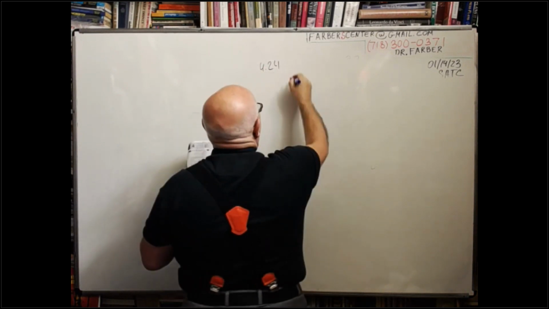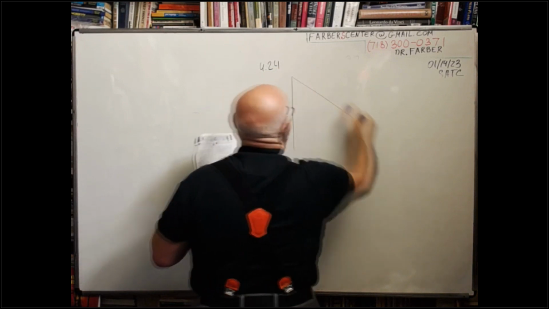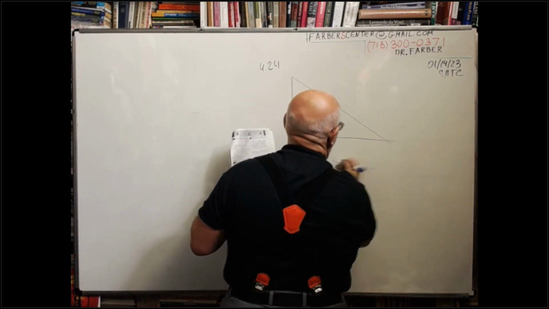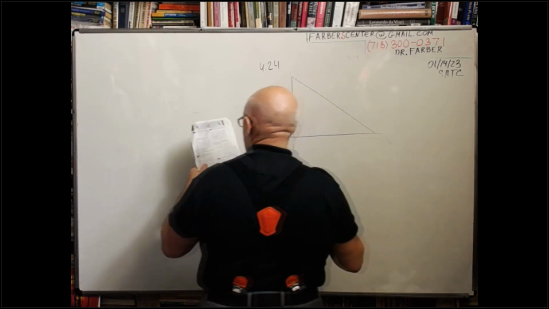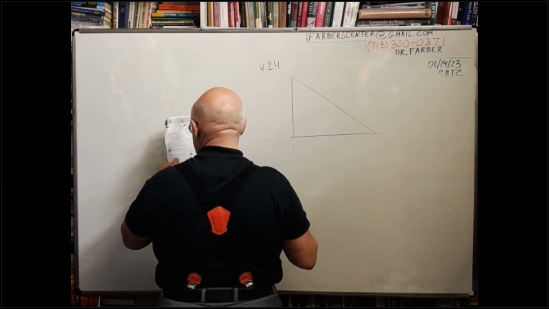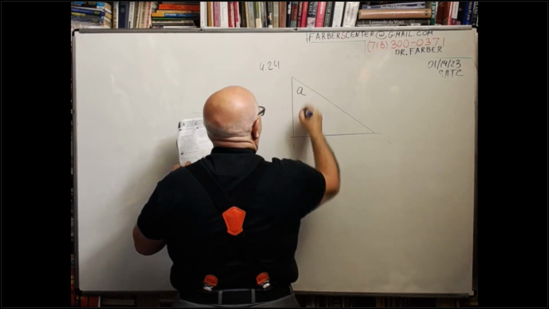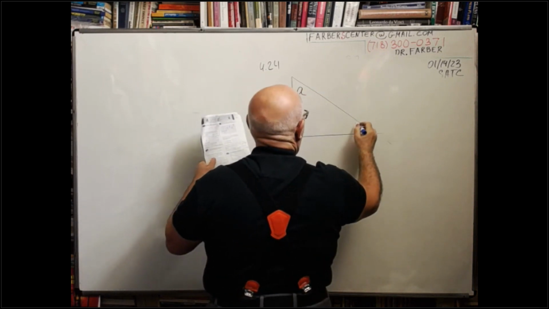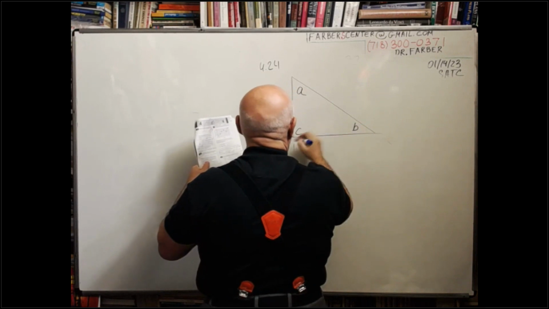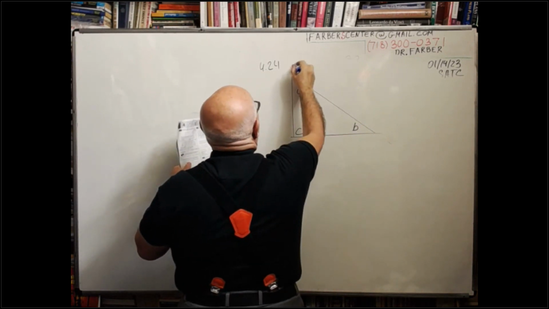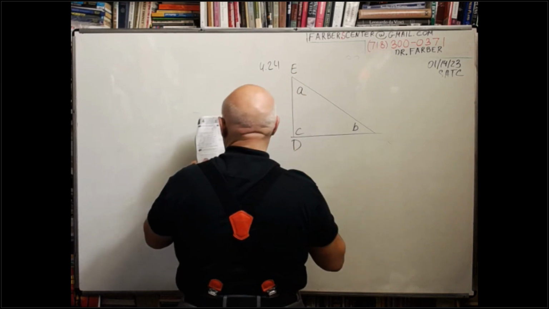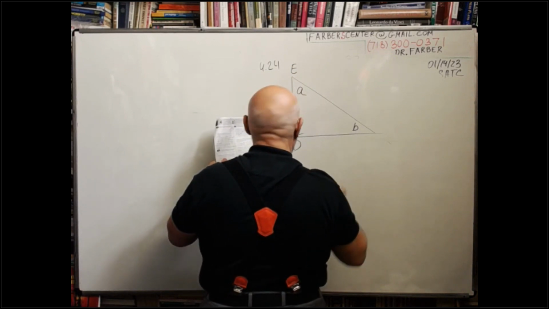So make a picture first. Okay, H, B, C, E, D. Specify what is given, and this is F.